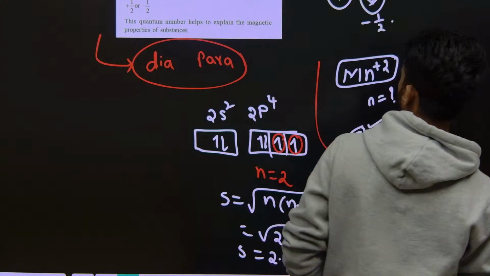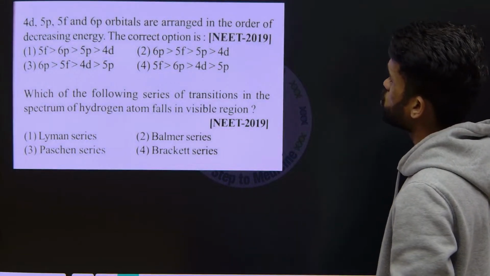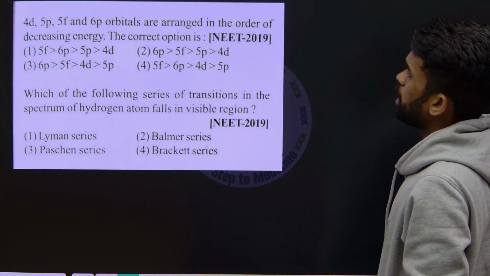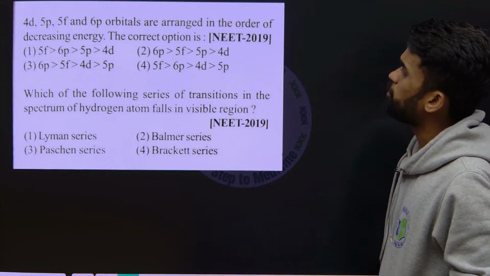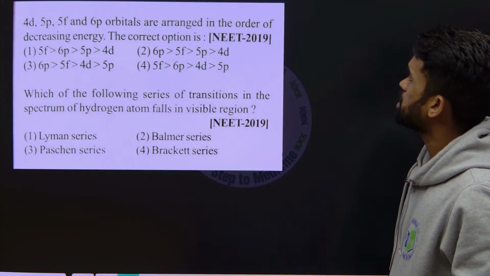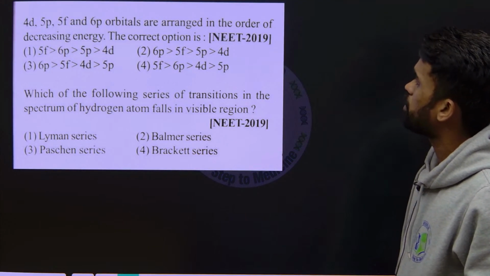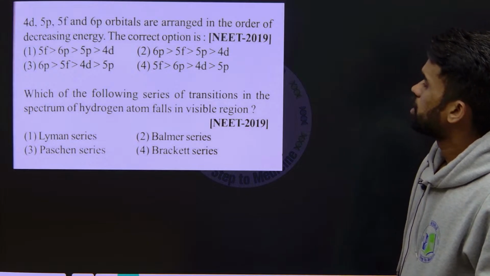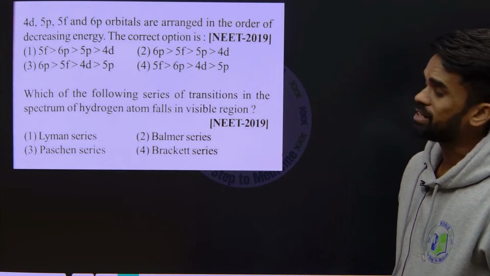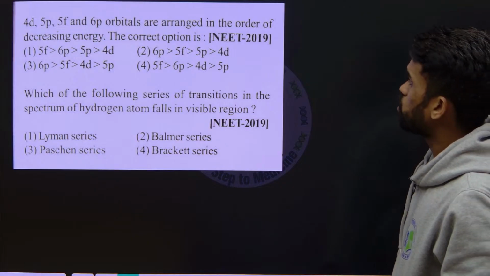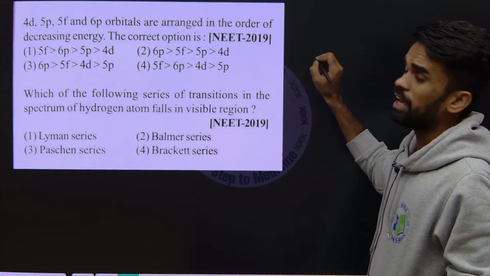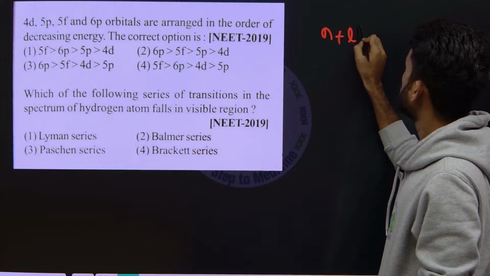Next, can you answer me this question? 4d, 5p, 5f, 6p orbitals are arranged in the decreasing order of energy. Tell me what is the correct order here. Just now I told you to look at their n plus L value, right?